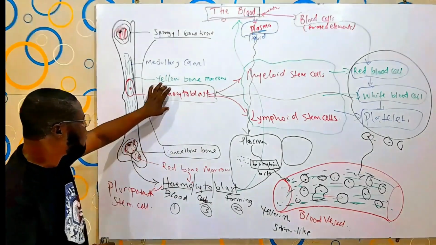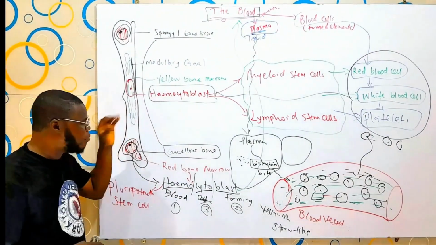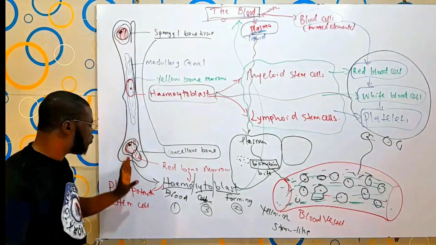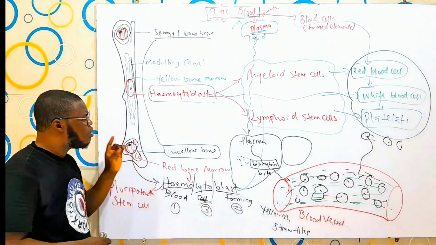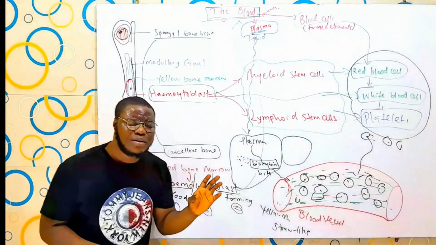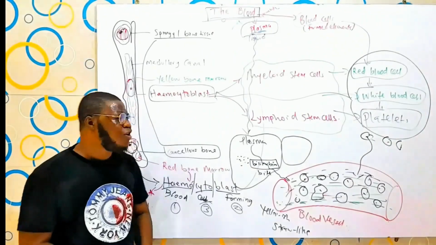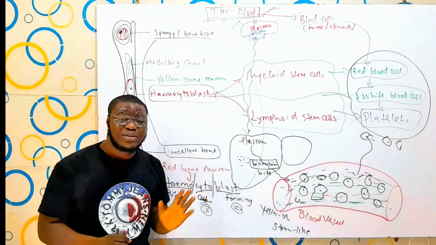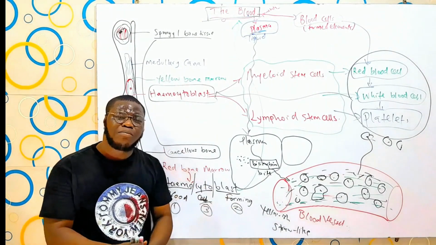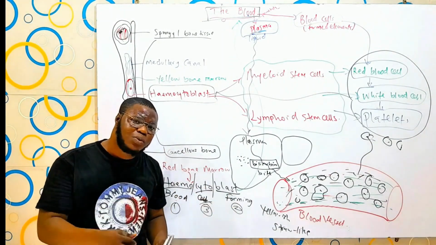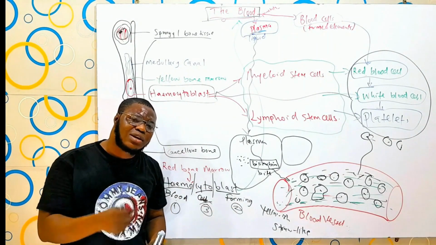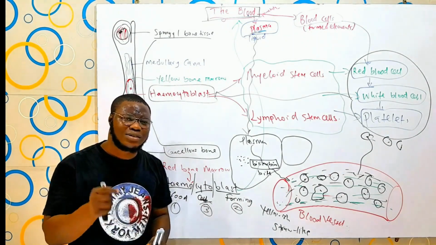I told you that the hemocytoblast is found in bones. And I used a typical example of a long bone here. The production of blood cells generally, where we can find the hemocytoblast, is not only in the femur. Yes, they are found generally in the long bones, good. But apart from that, hemopoiesis, which is blood production, can also occur in the exoskeleton generally.